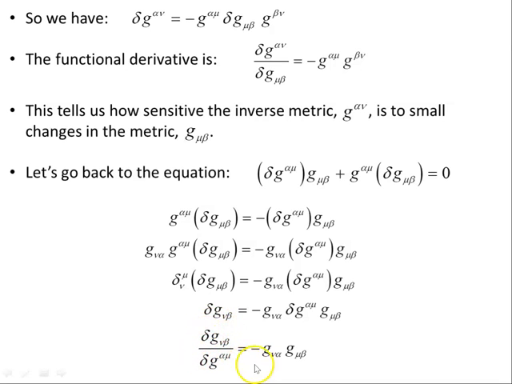So the variation of the metric with respect to small changes in the inverse metric is this, and the variation of the inverse metric with respect to small changes in the metric is this. Notice this is the product of inverse metrics, and this is the product of the metric. Again, this is all happening at a point, which I'll tidy up shortly.